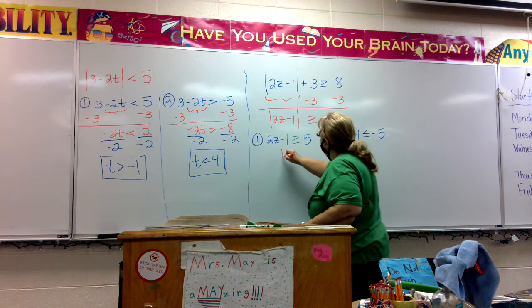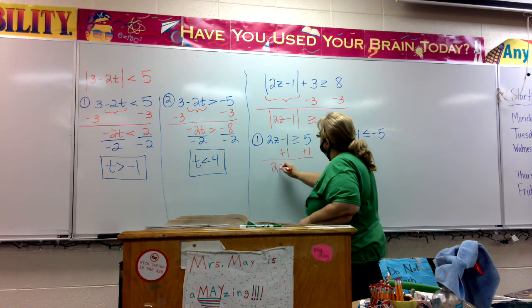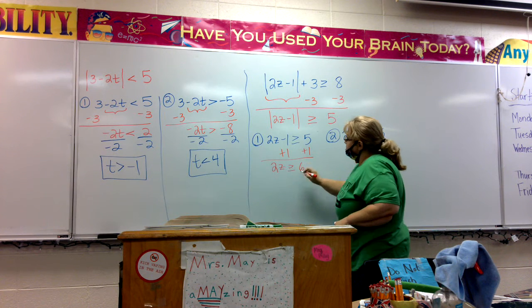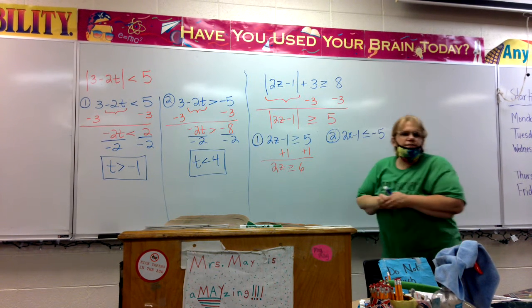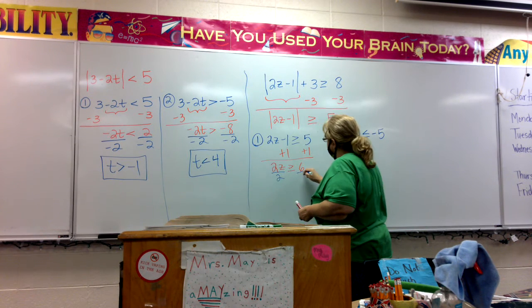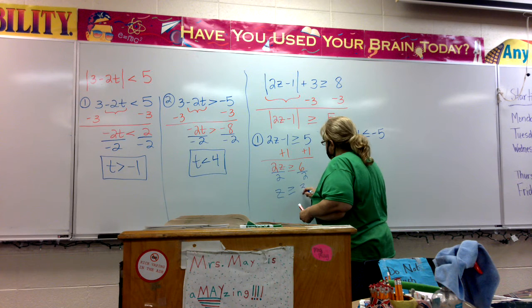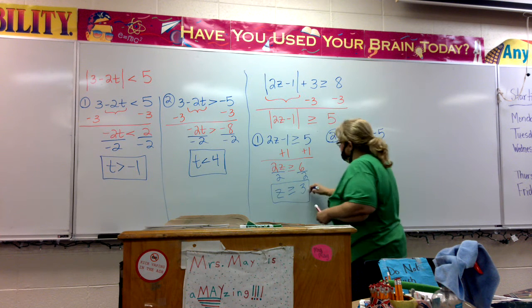Add 1, and I get 2z greater than or equal to 6. So far, so good. So that looks like z greater than or equal to 3. Yes?